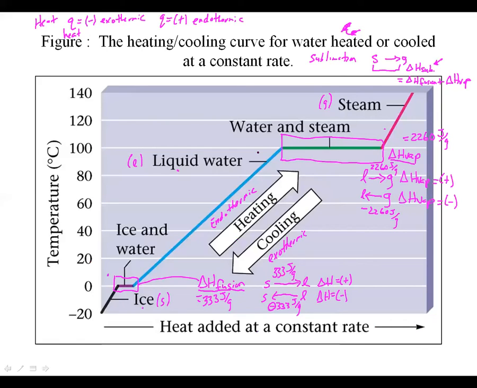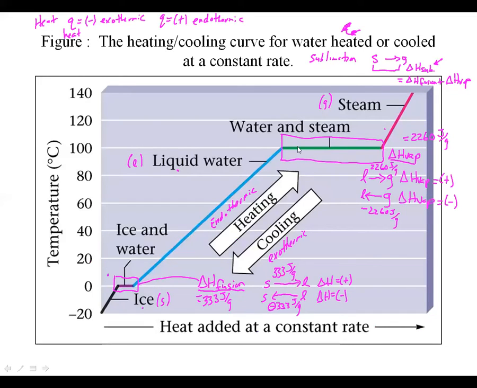It is 2200 joules versus 333. It's bad math, but it's something like 7 times greater amount of energy is needed to go from liquid to gas than is needed to go from solid to liquid, as you can see by the smaller line where it plateaus versus this longer line up here on the conversion between liquid to gas.